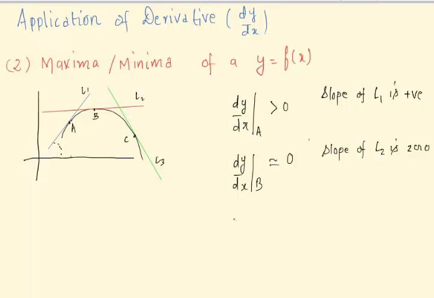The slope of the tangent at C makes an obtuse angle with the positive x-axis, and tan theta of that angle will be negative. So dy by dx at C is negative because the slope of line L3 is negative.